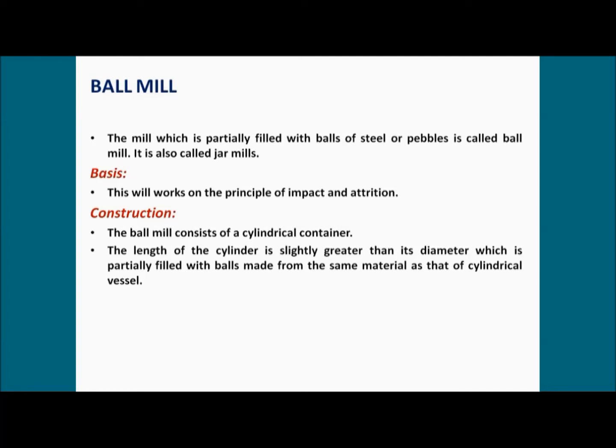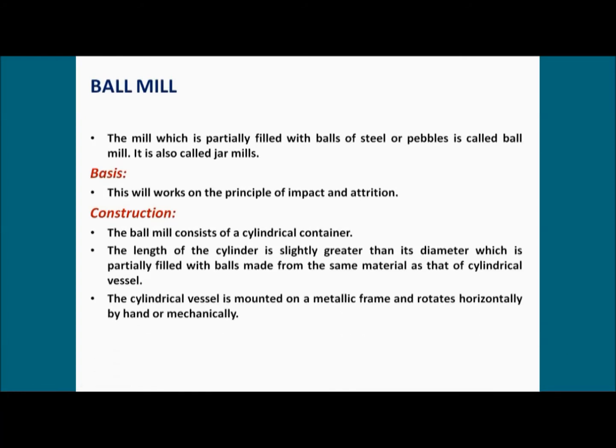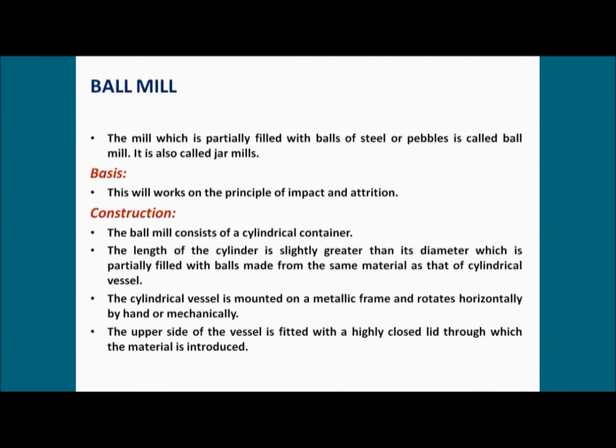Suppose the cylindrical vessel is made of iron, the balls will also be made of iron, right? The vessel is mounted on a metallic frame, and it rotates horizontally by hand or sometimes mechanically. Nowadays we all get the automatic ball mill only.